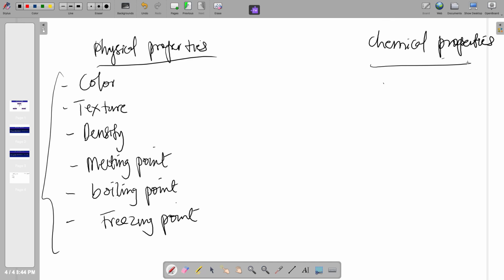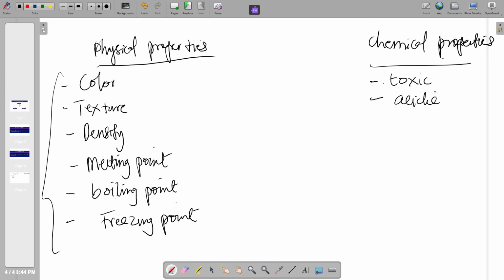Now let's look at chemical properties. Chemical properties include the following. Toxic. Is my substance toxic? So toxicity is a chemical property. Is my substance acidic?